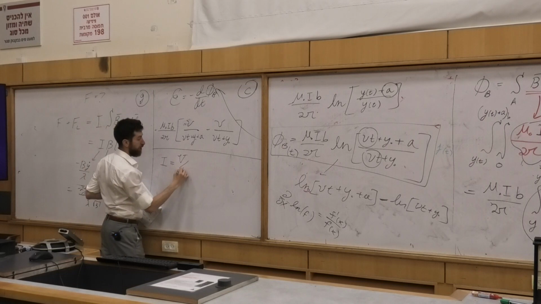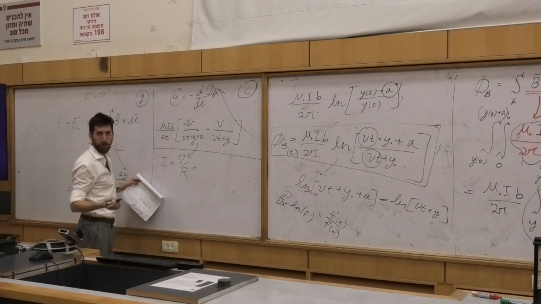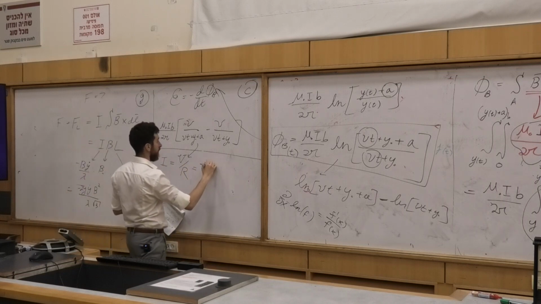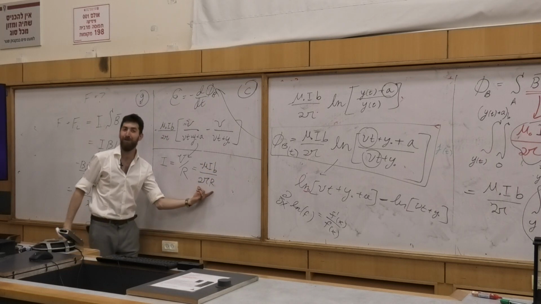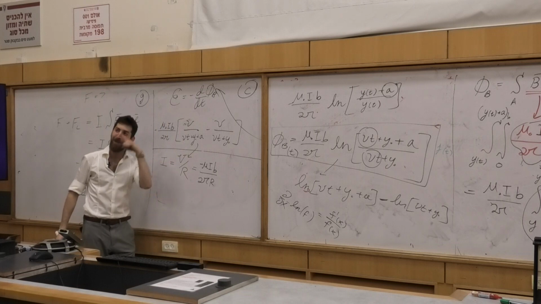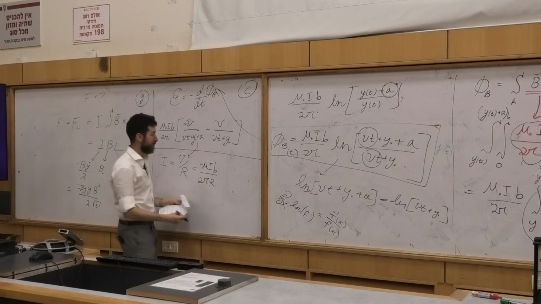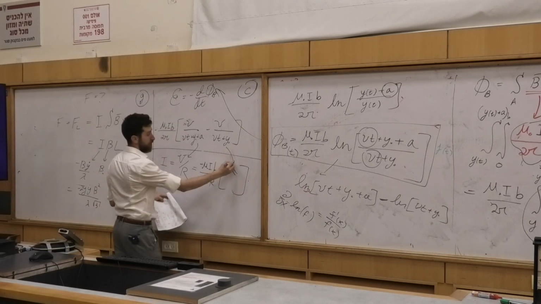Exactly, V over R. Good. This term goes here, and R is just a given constant, so we take this and divide by R, that's all. So mu I b over 2 pi R. Be careful, it's not the perimeter or something like that. It's 2 pi multiplied by the resistance. Okay? Good. And here we have the same term that we had there.